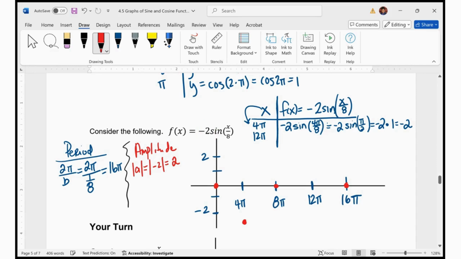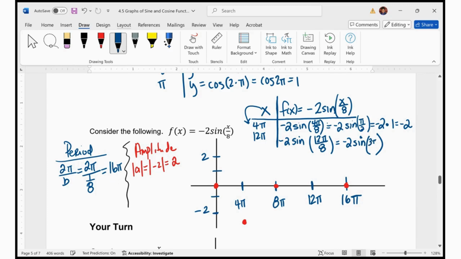All right, let's go ahead and do it together. -2 sine of 12 pi over 8 equals -2 sine of... what is 12 pi over 8 reduced? 3 pi over 2.